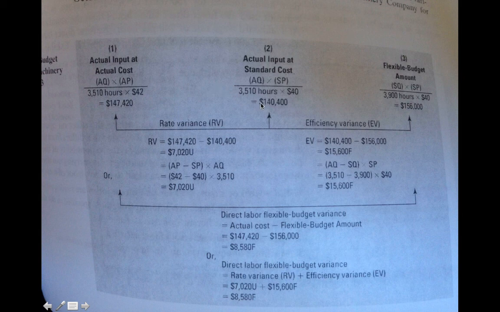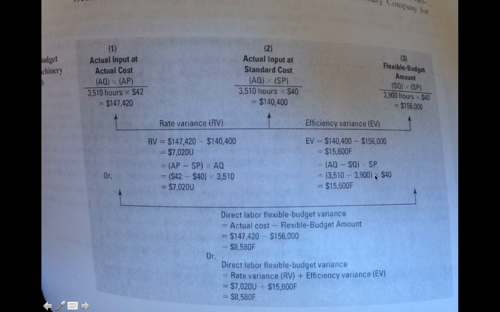So we went over rate variance. Now efficiency variance is how well you do the job. You look at standard price, but standard quantity versus actual quantity. So these are all items that I want you guys to learn, and you see the whole variance is the direct labor flexible budget variance.